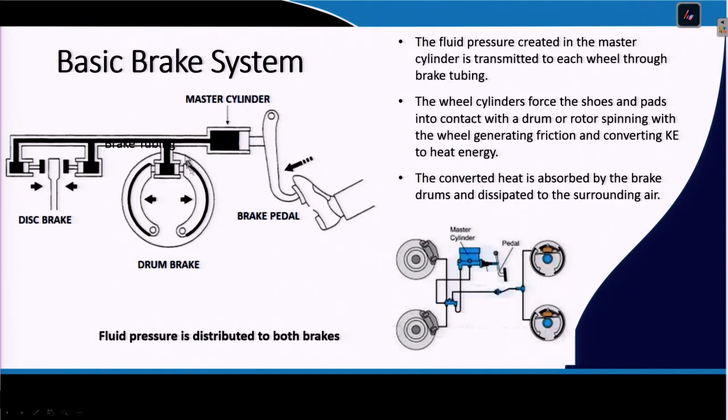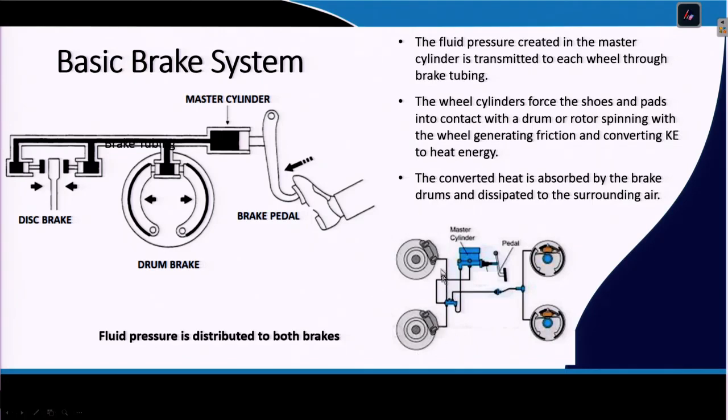But how exactly does the brake system work? When you press the brake pedal, there is a master cylinder. From the master cylinder, the fluid, brake oil, is distributed to the front and the rear side. As you can see over here, from the master cylinder the fluids go and get distributed to the front wheel and the rear wheel, and they may have different types of brakes.